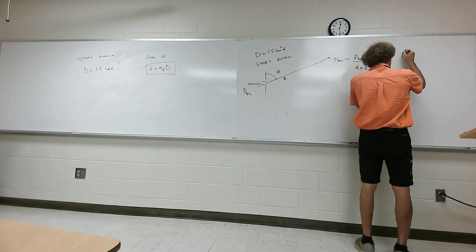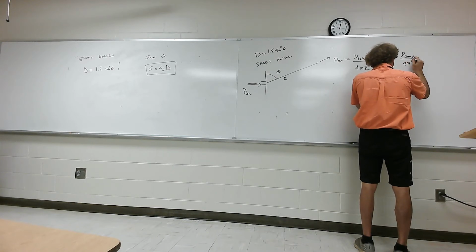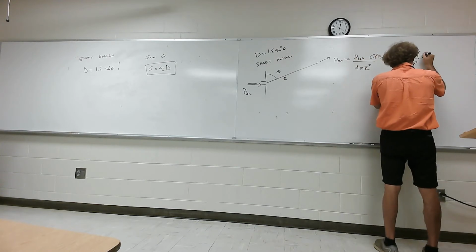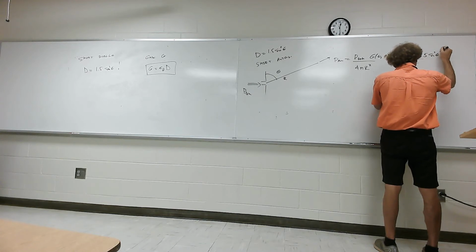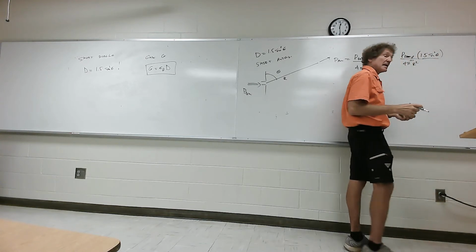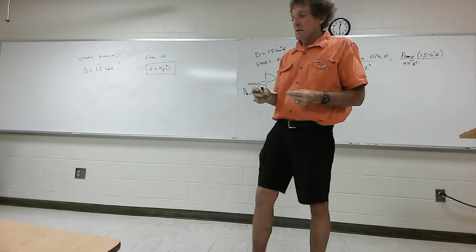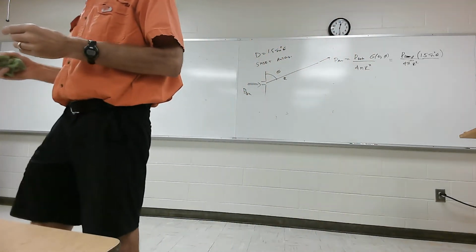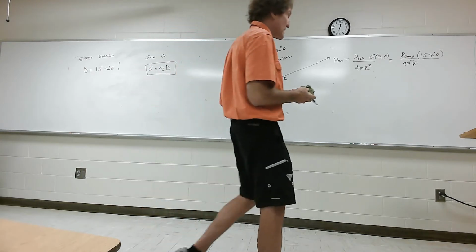So now it's transmitted power over 4 pi r squared. Now my gain is 1.5 times sine squared of theta. And that's the actual power density. Do y'all follow me? Now this is in the far field, so that's the power density.